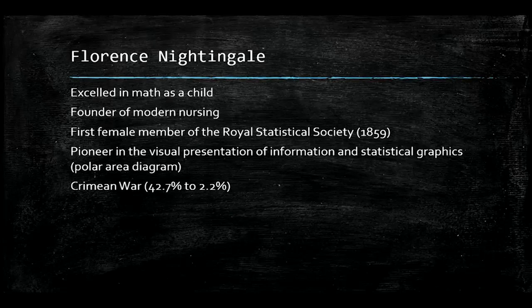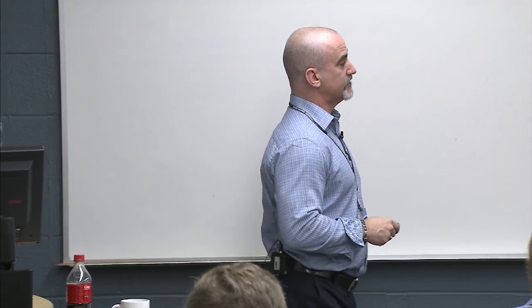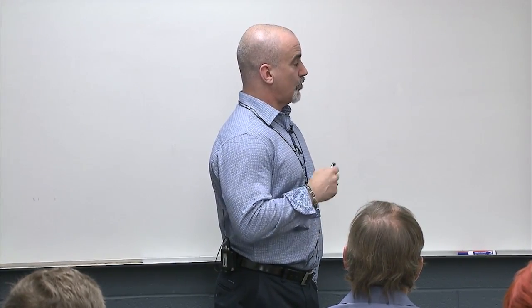One of those times, she wrote a statistical report about the sanitary conditions of the British hospitals during the Crimean War. And it was really bad. At the time, they had a mortality rate of 42.7%, which basically means out of 1,000 soldiers, in 1 year, 427 of them would die.